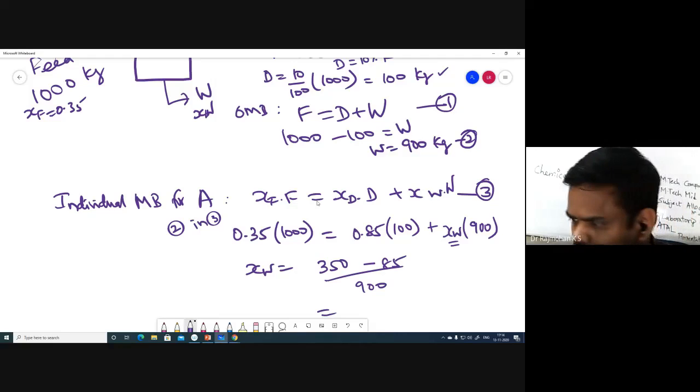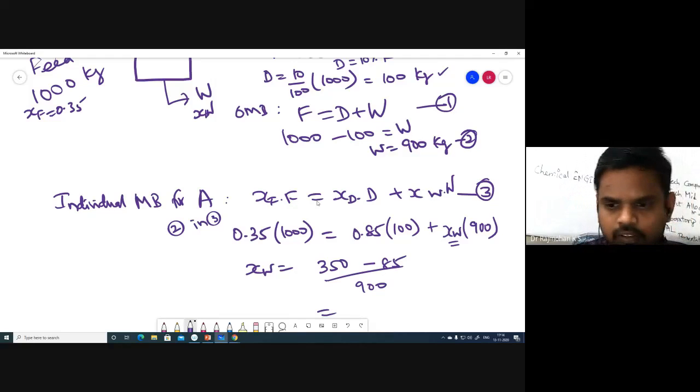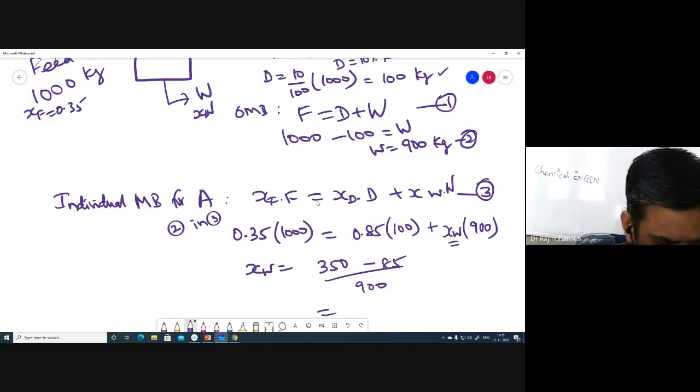How much? Use your calculator. 350 minus 85 equal to 265, divided by 900 equal to 0.294.